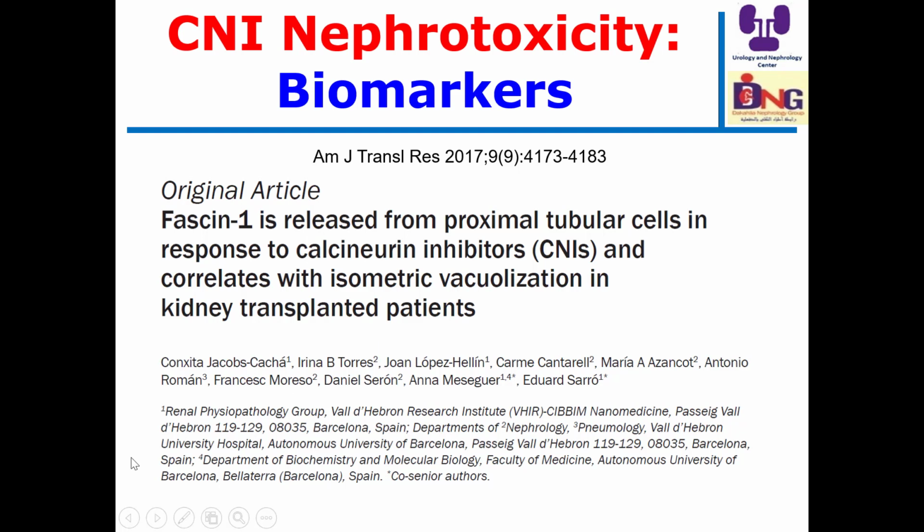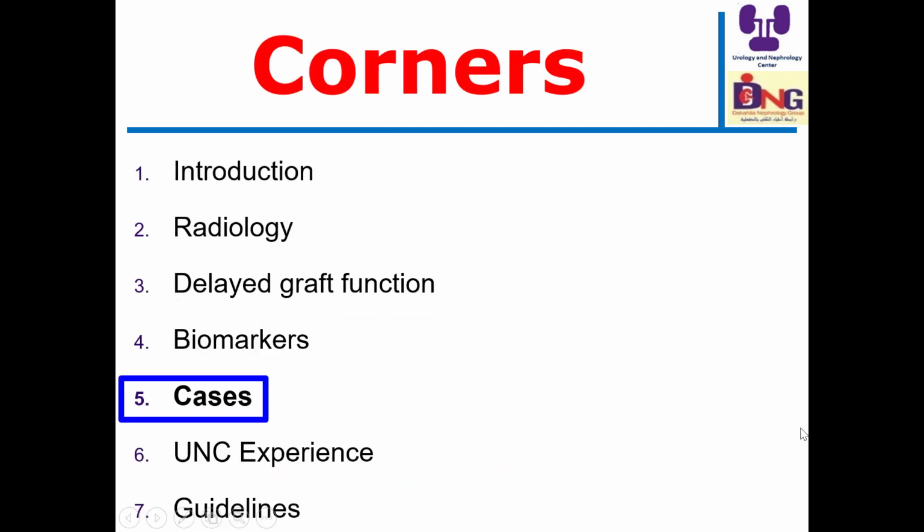So biomarkers may help in diagnosis of rejection and may predict rejection as well as other causes like calcineurin inhibitors that you see. And the biomarkers are so many tests, but which is convincing is the follow-up of anti-HLA antibodies to predict and to diagnose development of de novo anti-HLA antibodies.